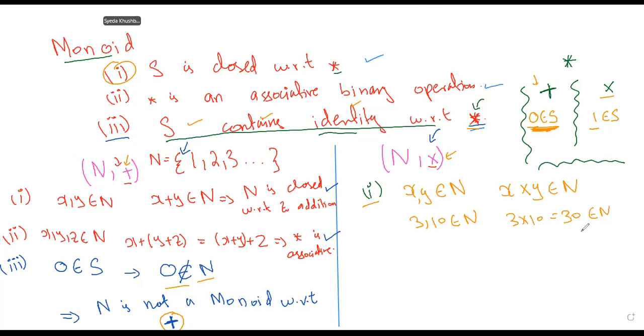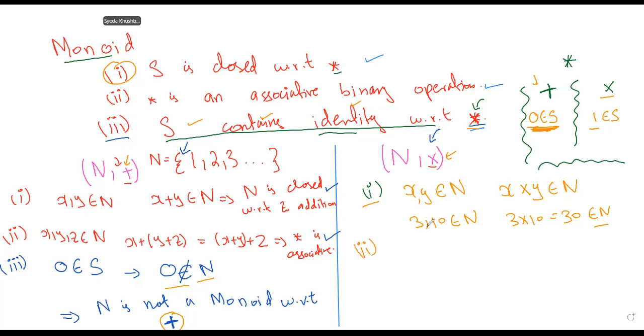So if we have the product in this set, this means that S is closed. It is closed with respect to multiplication, right? Have you understood it now? Yes, ma'am.